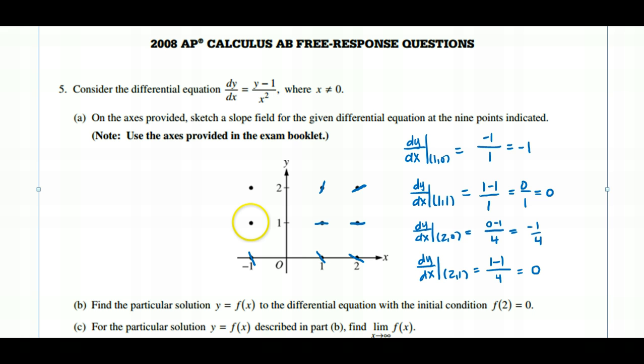At (-1, 1), if I plug negative 1 in for x, I get a 1 on the bottom. If I plug a positive 1 in here, 1 minus 1, that's going to give me a slope of 0 again. And then the last point out of 9, (-1, 2). If I plug in a negative 1 for x, I get a 1 on the bottom. 2 minus 1 is 1. So there's my slope of 1.